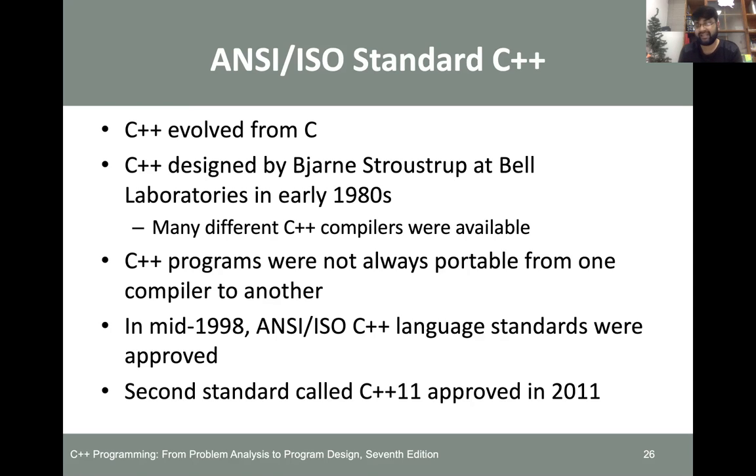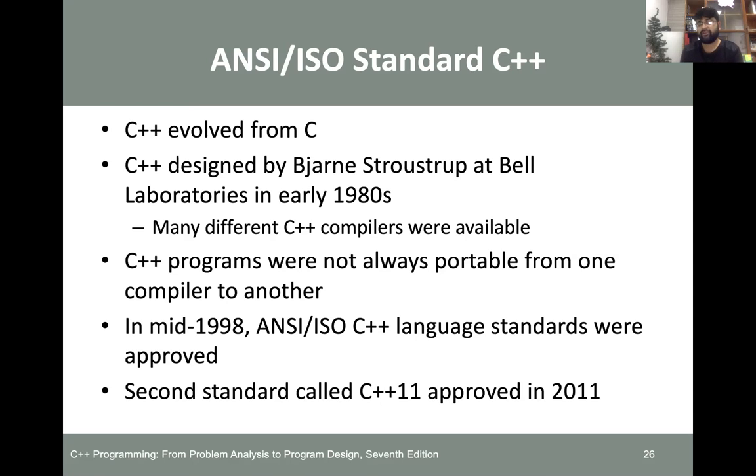C++ was designed by Bjorn Stroustrup at Bell Laboratories in the early 1980s. So it's not a very old language, but it's still like 30, 35 years old. And since then, many different C++ compilers have become available to us. The C++ programs were not always portable from one compiler to another. So initially, the problem was that if you made a program for a particular compiler, a lot of times it was not portable, not transferable to another compiler.